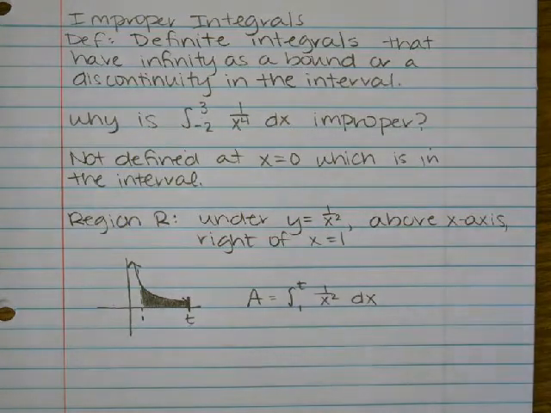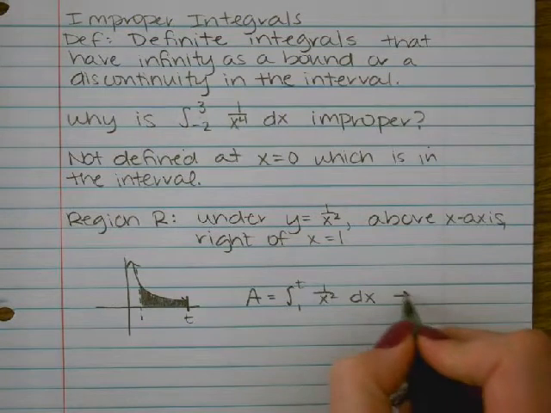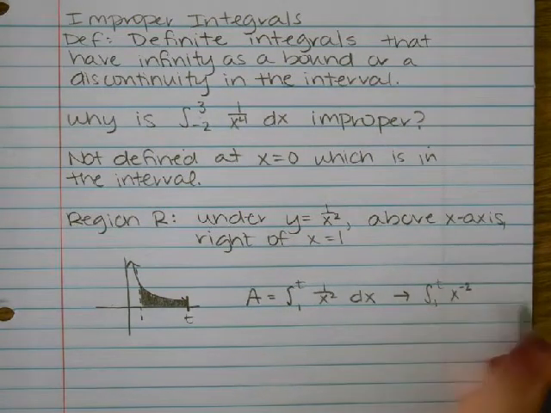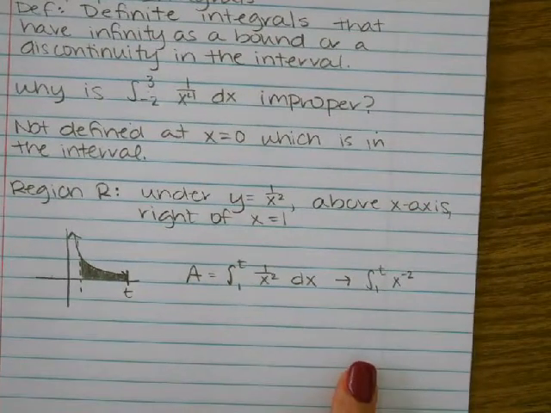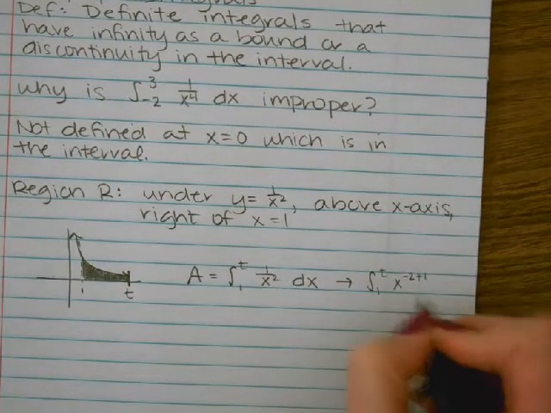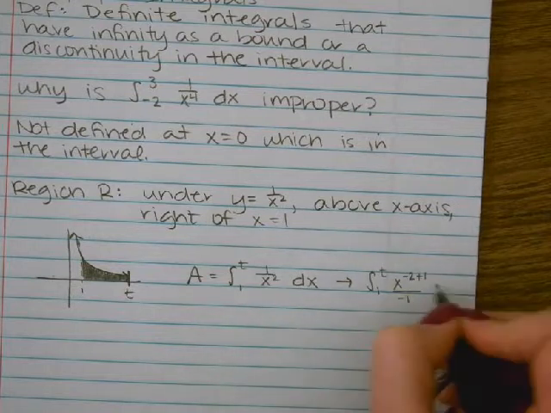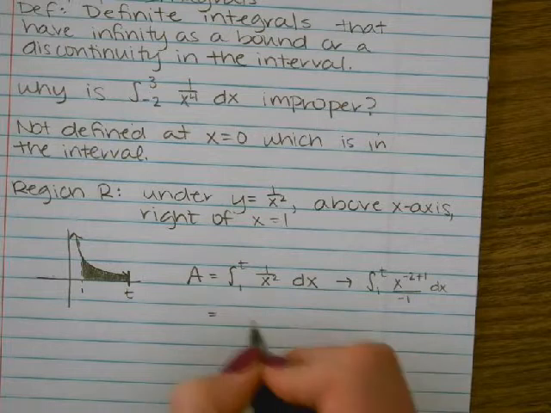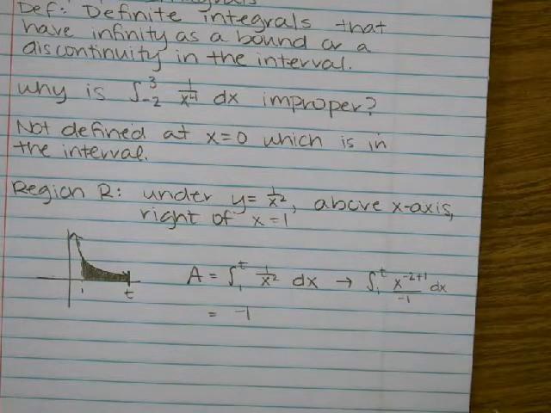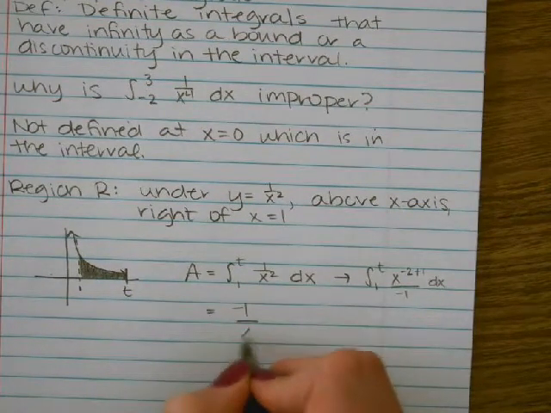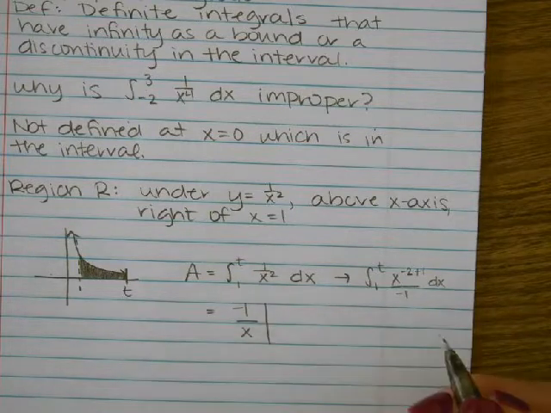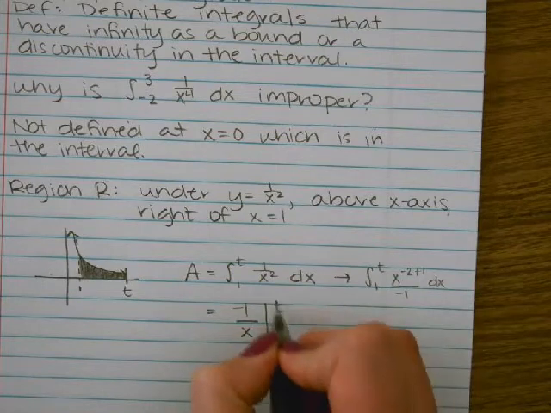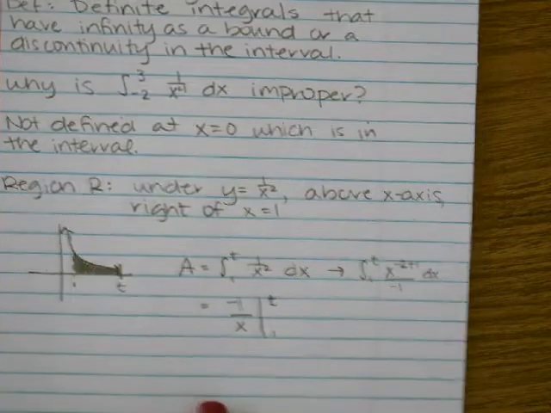If I wanted to integrate that, I would think of this as integrating x to the -2. So I can add 1 and divide by -1, and that is going to be -1 times x to the -1 power, which is -1 over x. This is being evaluated from 1 to t. So t, again, is the value that I cut it off at.